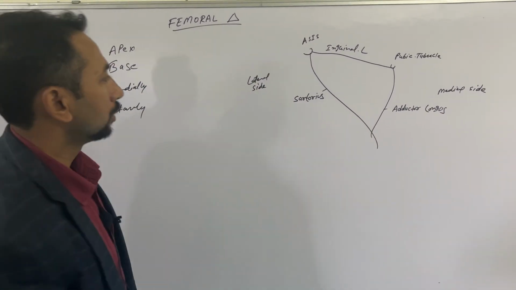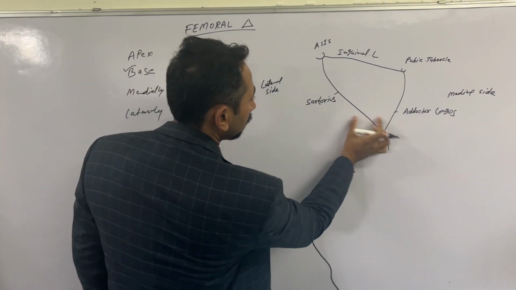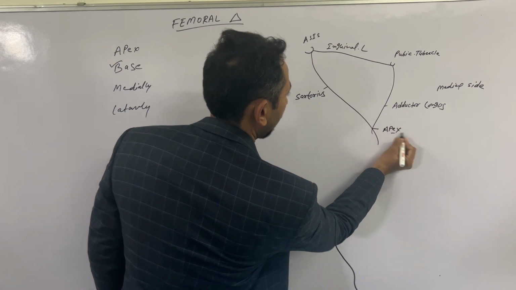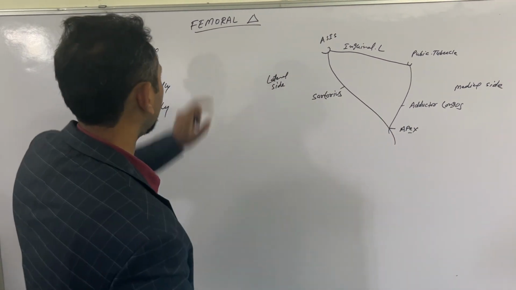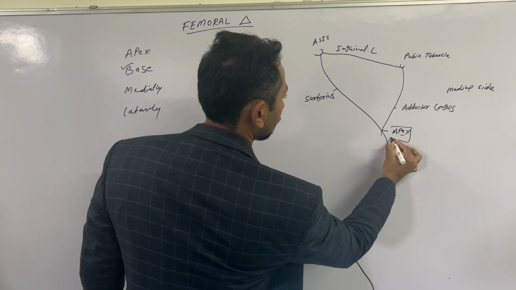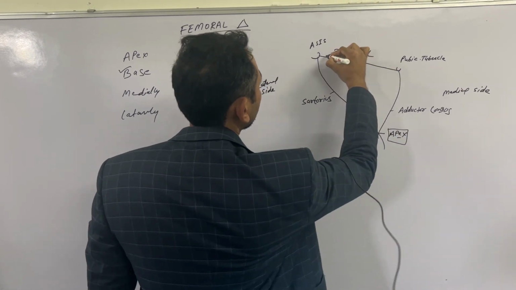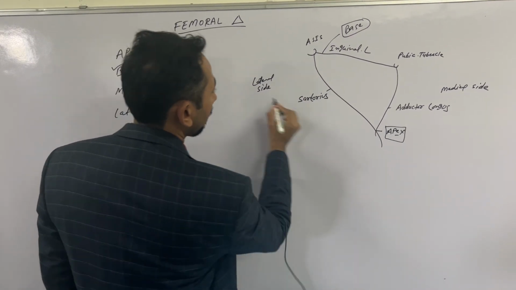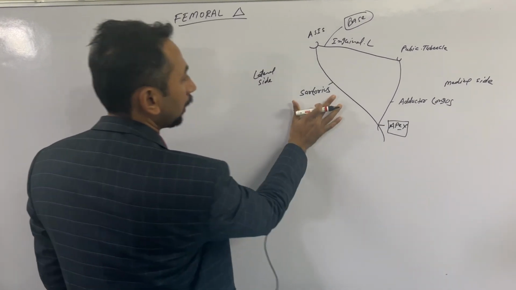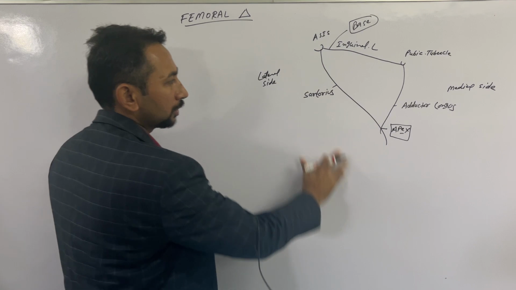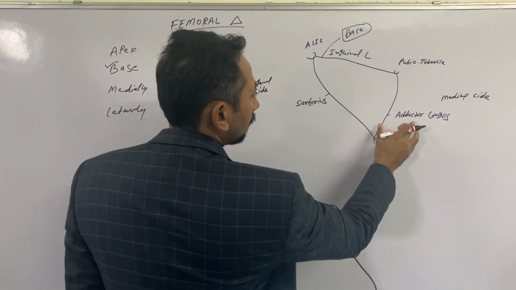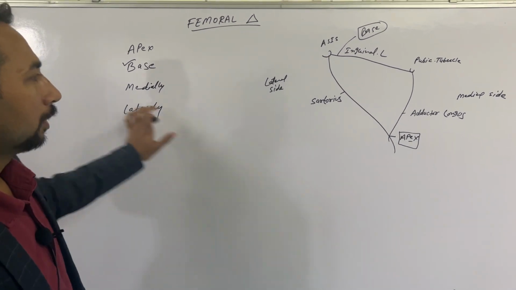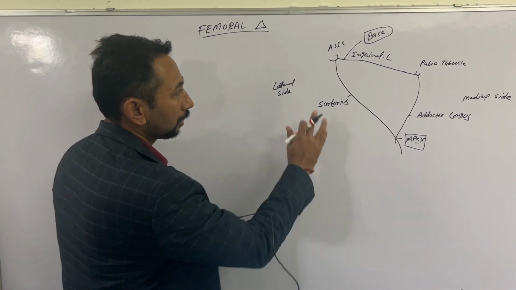Where both muscles join, this part forms the apex of the femoral triangle. So this is the apex, this part is the base, this is the lateral boundary formed by the medial border of the sartorius, and on the medial side the adductor longus muscle forms the medial boundary of the femoral triangle.